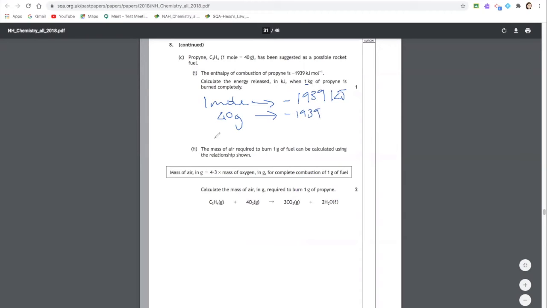So we're trying to find out how much we would get if we had 1,000 grams, which is what a kilogram is. So we find what 1 gram is first, so that divided by 40. And then we times it up to 1,000.